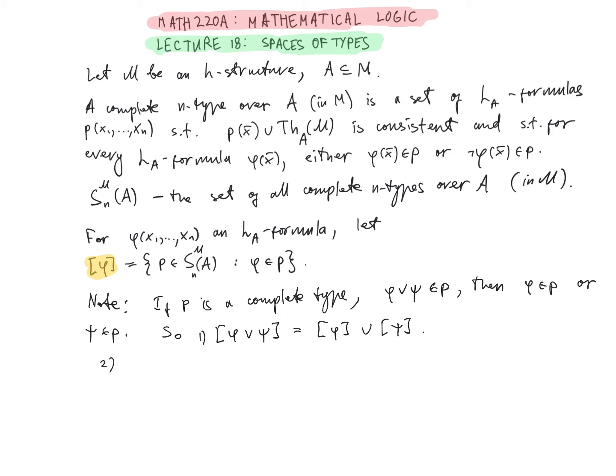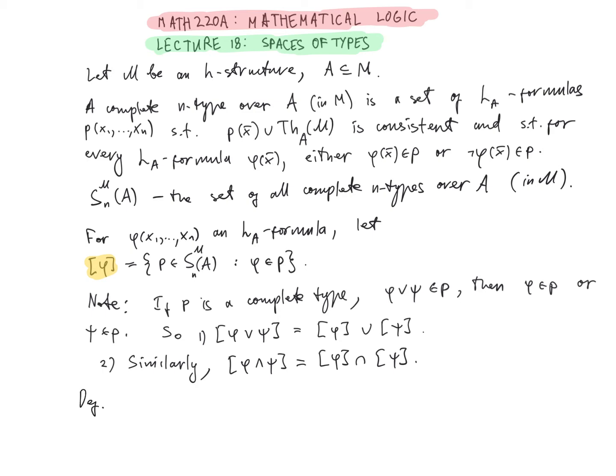And 2, similarly, the set of those types which contain phi conjunction psi is exactly the intersection of the sets of types containing phi and containing psi. This shows that the sets of this form, square bracket phi, are closed under unions and intersections.